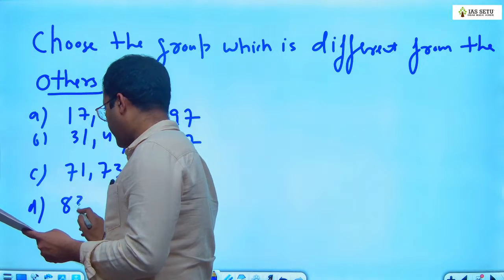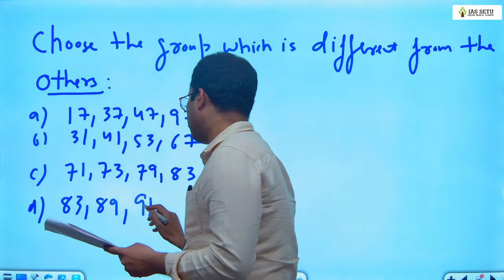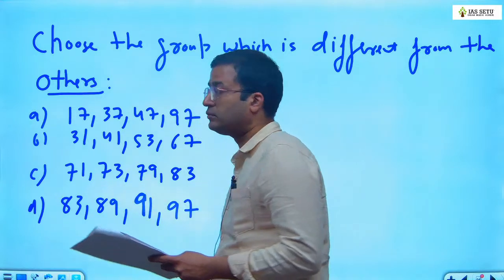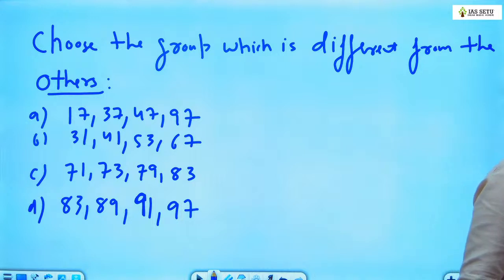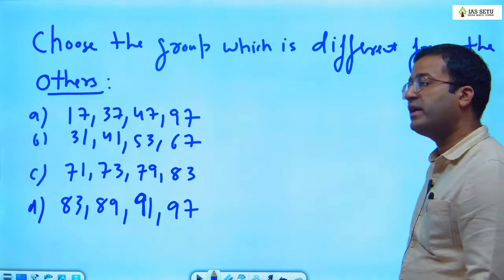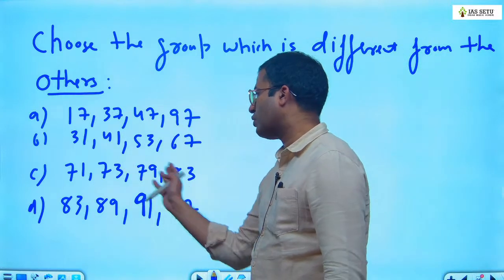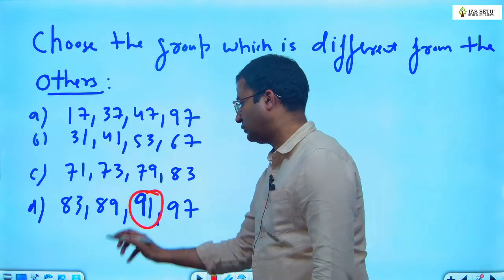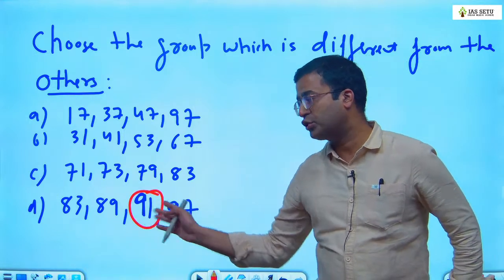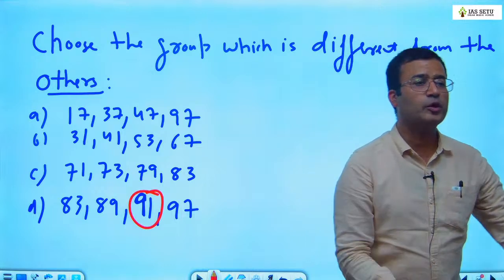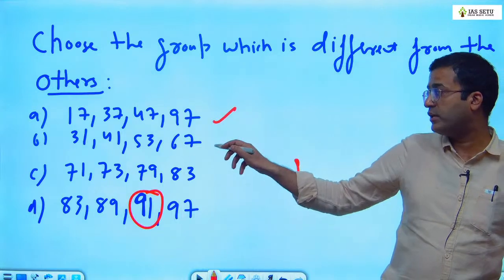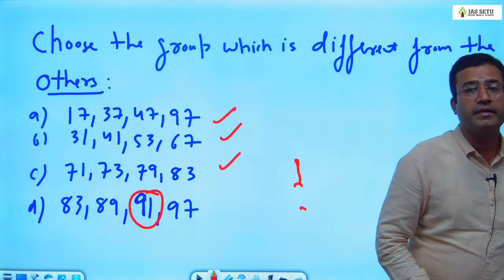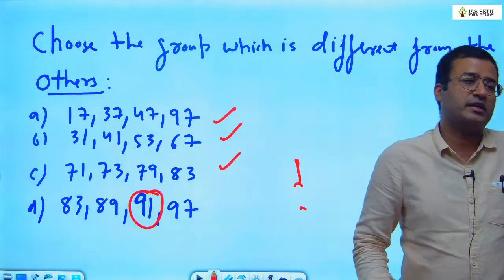Option D is 83, 89, 91, 96. The question is to choose the group which is different from the others. D, why? Because D has a number that is not prime. If you check all the groups, in D 91 is composite, the only composite. All the other groups are purely prime numbers. Here 91 is a composite number, so that creates the difference.